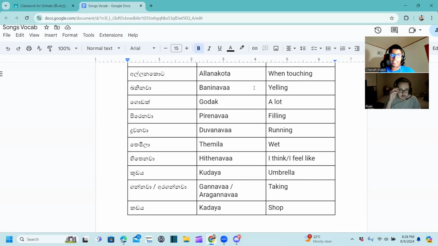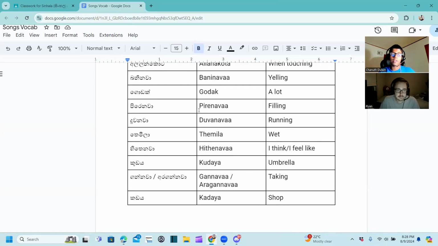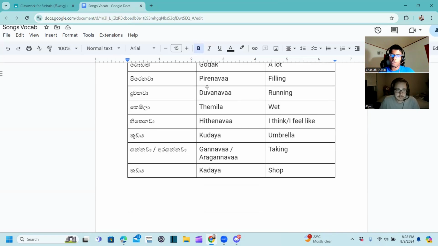Okay. So Baninava means healing. And Godak means a lot. And Piranava, feeling. And Duanava.